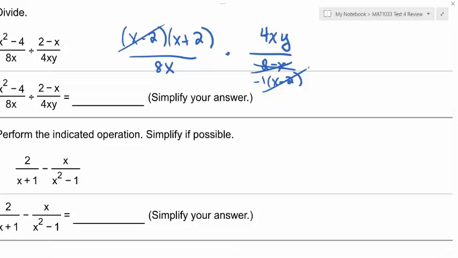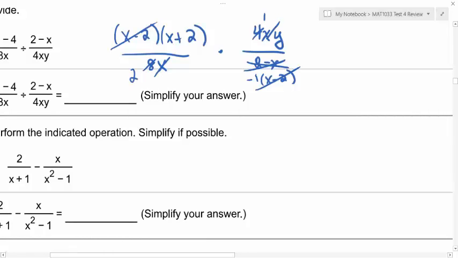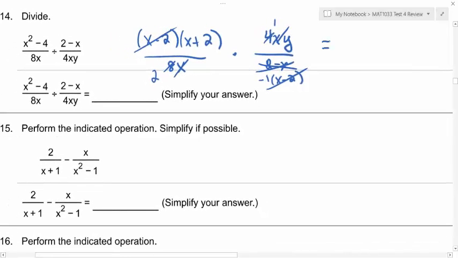All right, so then that becomes 1 over 2. So 1/2, and then the x's cancel out. Good. So then you have a y and an x plus 2 on top over a 2 on the bottom, and it's all negative. Did I do that right? And you can put the negative out front if you want. Very good.